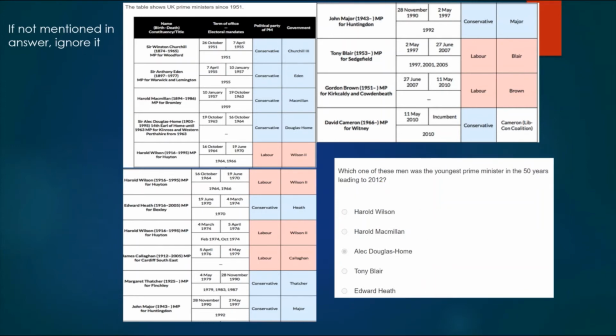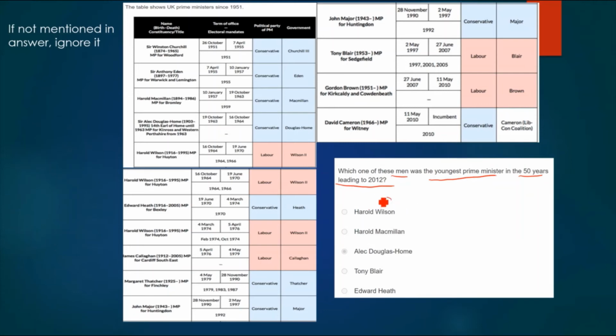So the question is, which one of these men was the youngest prime minister in the 50 years leading to 2012? Well, 2012 minus 50 would give me 1962. So I would have to look after 1962, because it's 50 years leading to 2012.